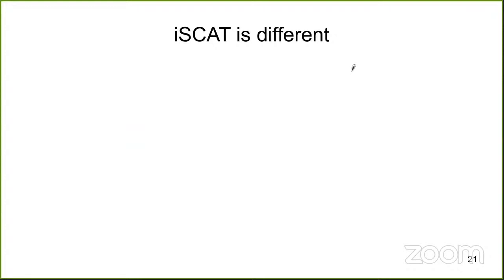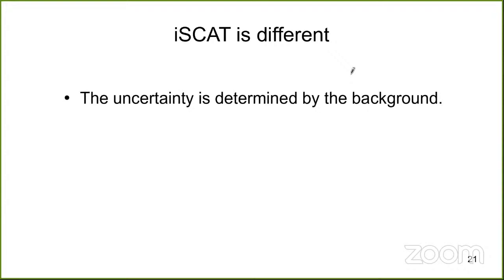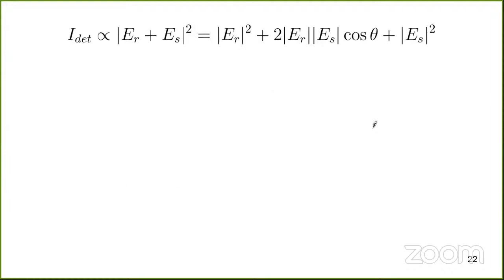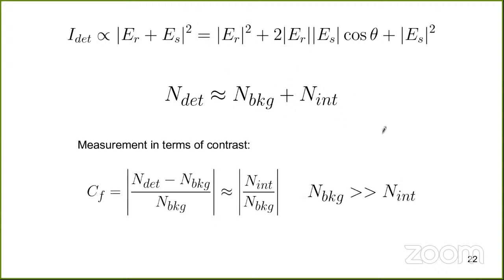Okay, so Icecap is a little bit different, and we need to modify our approach here. The reason is that the uncertainty is, in this case, determined by the background. To see why, we can simplify this because we can neglect the scattering term. We can say that the detected photon counts is approximately equal to the sum of the background and the interference counts.